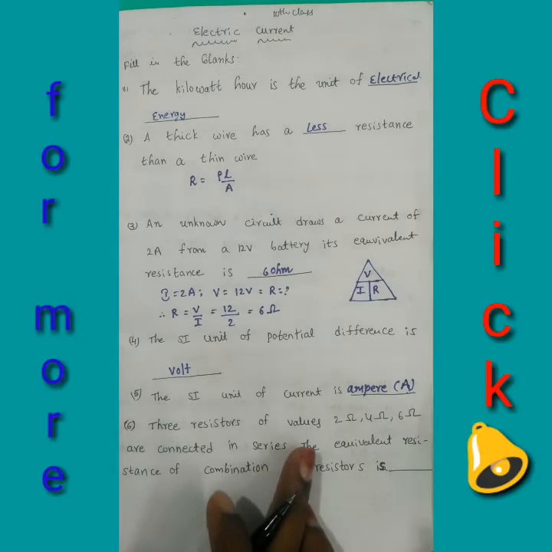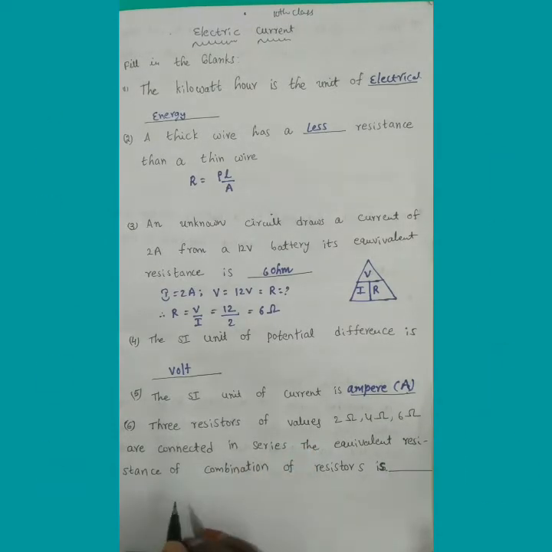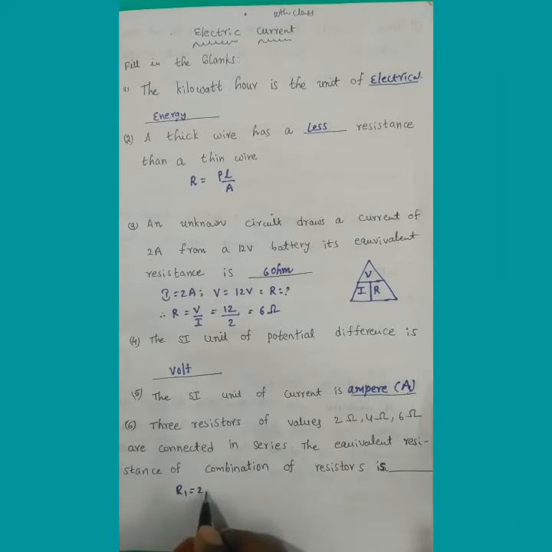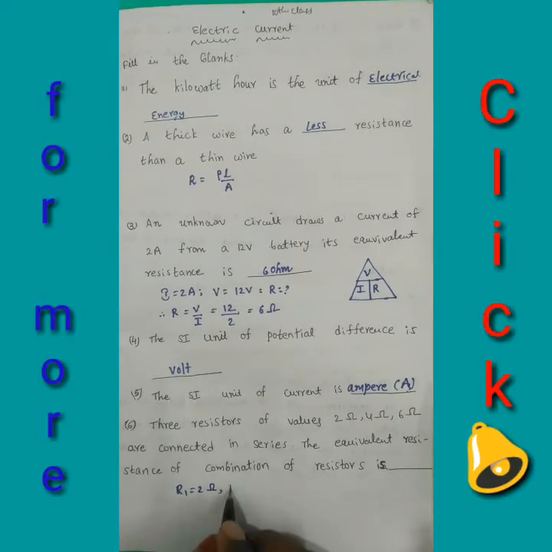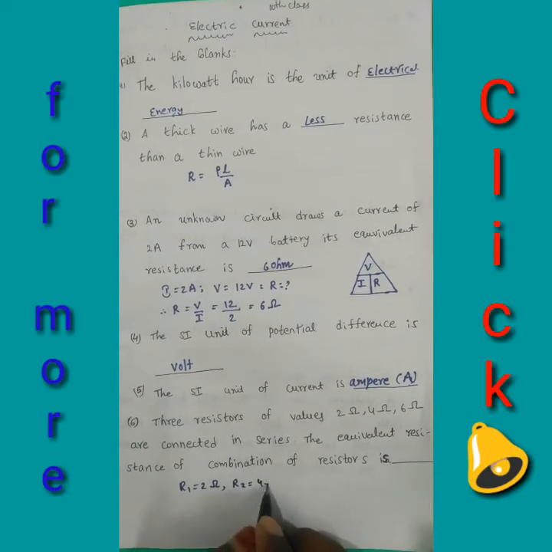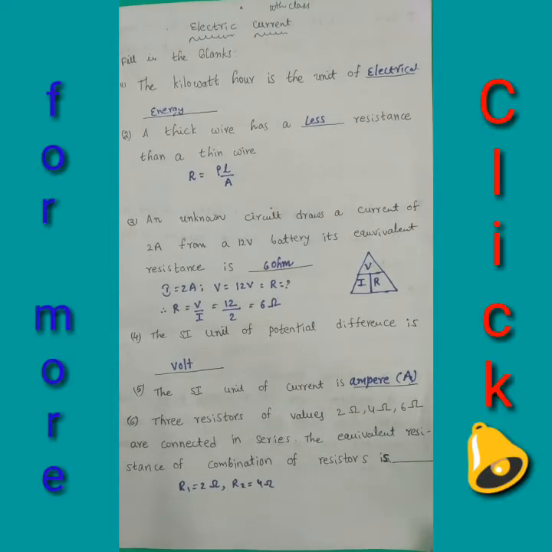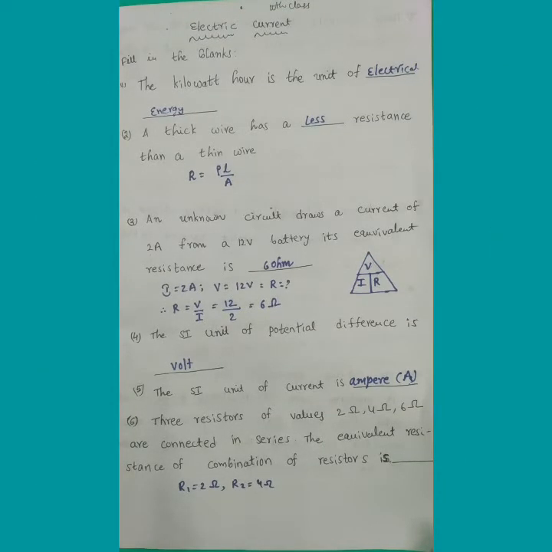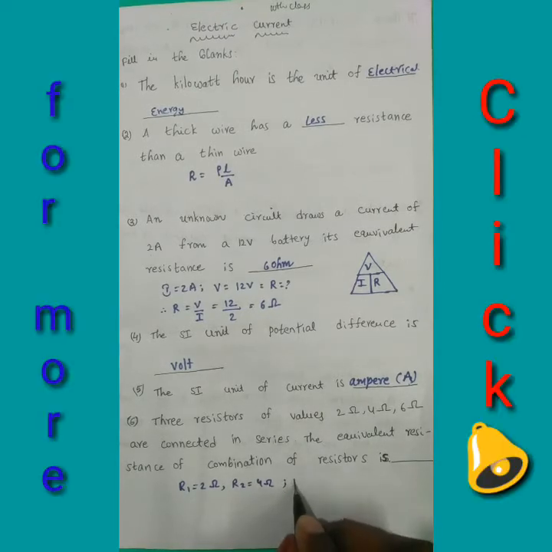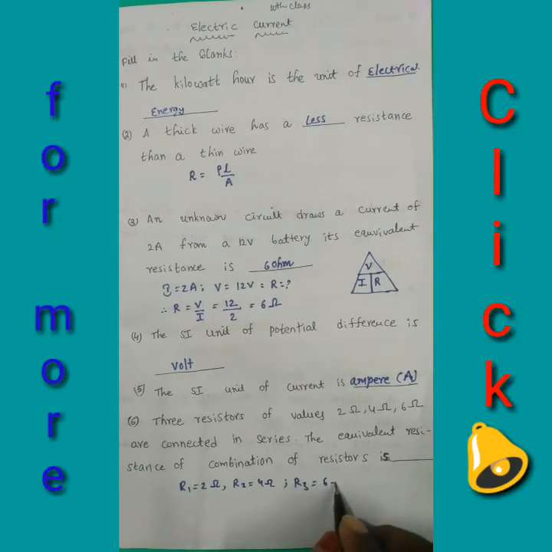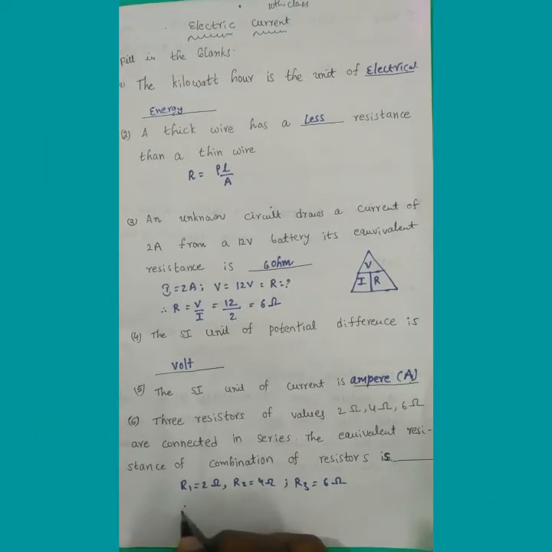Three resistors are given, that means R1 equals 2 ohms, R2 equals 4 ohms, and R3 equals 6 ohms. These are connected in series.